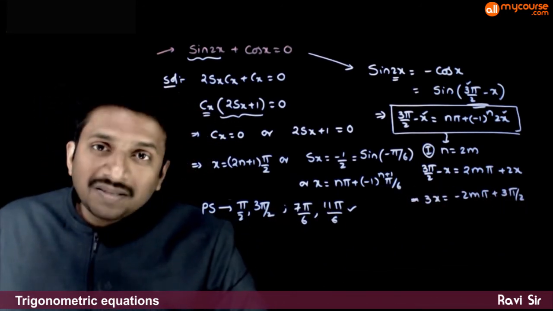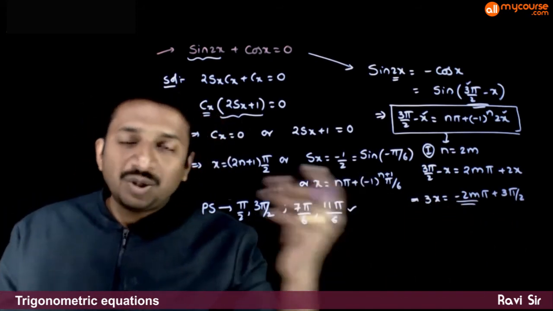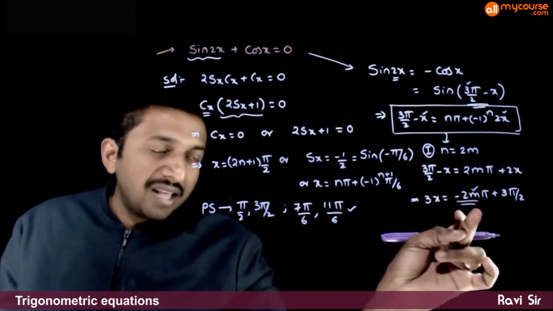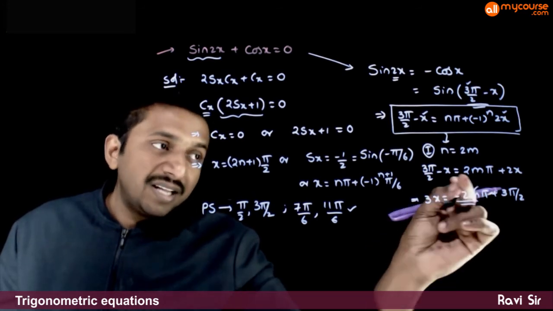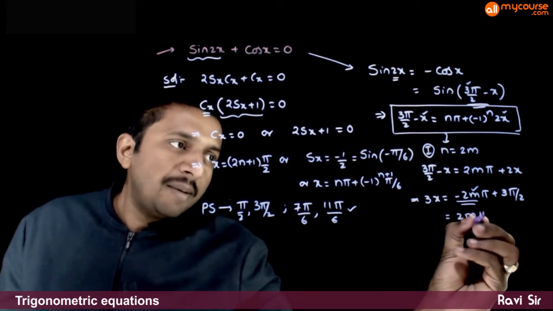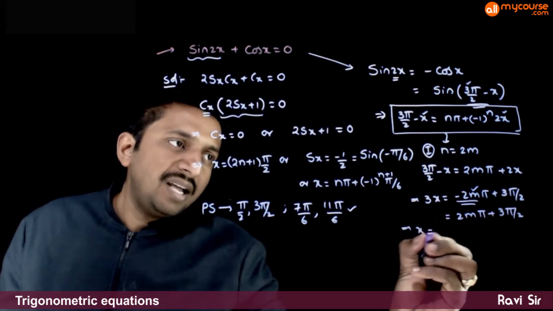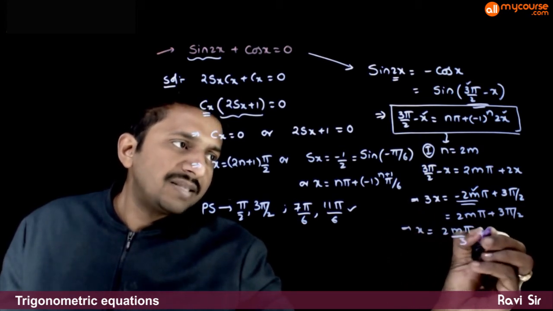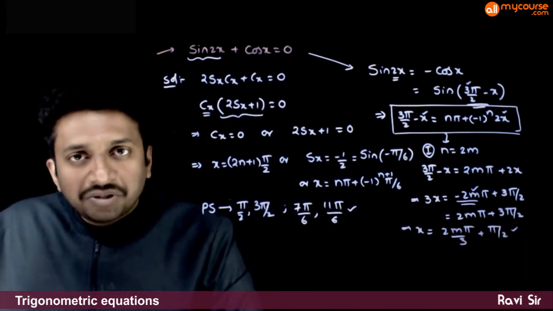This minus 2m can be written as plus 2m, it doesn't really matter, because m is an integer. m takes positive values as well as negative values, so minus m is also an integer. So this is of the form 2m pi plus 3 pi by 2. This implies x is equal to, if you bring this 3 onto this side, 2m pi by 3 plus pi by 2. This is one solution to the equation.